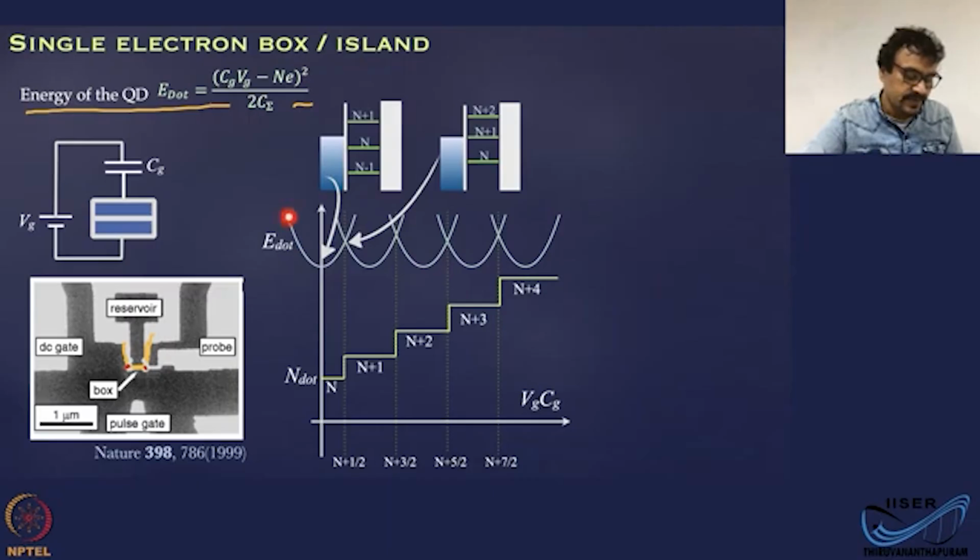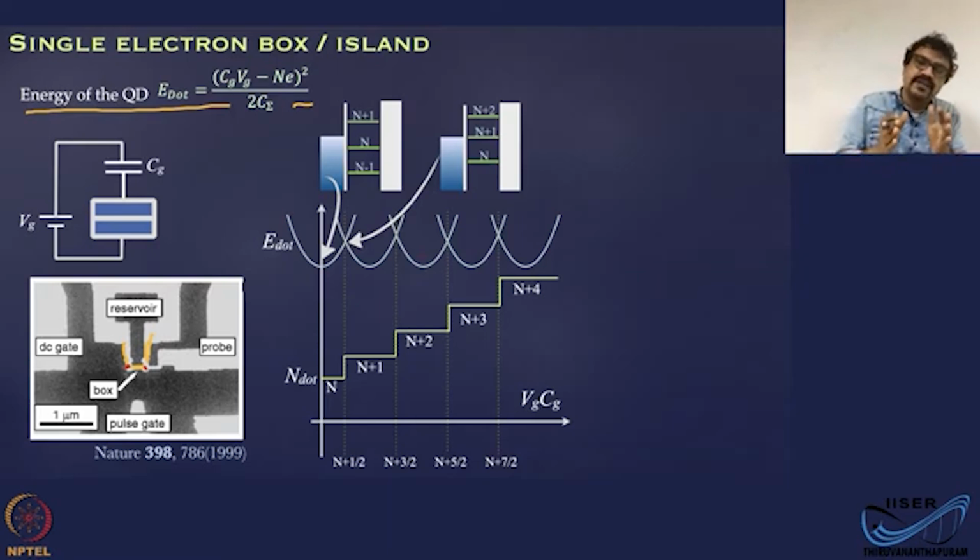So you will get this parabola, but there is another lower energy state when you vary the gate, which corresponds to the n+1 charge state, or an extra electron on the dot. And similarly, when you go further, there is another lower energy point, which corresponds to n+2, and so on.